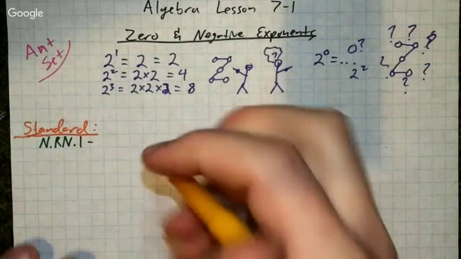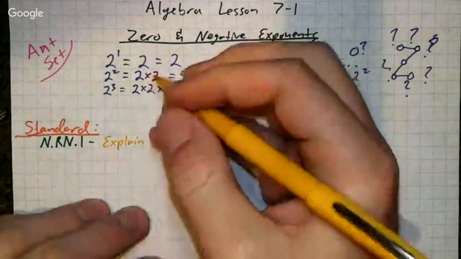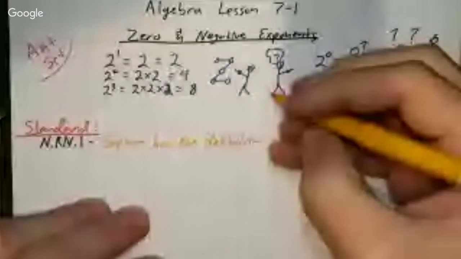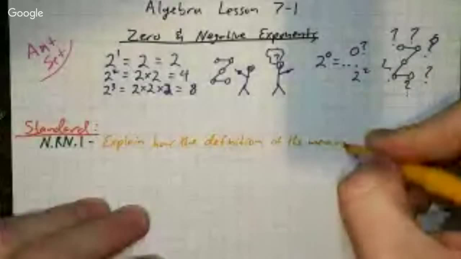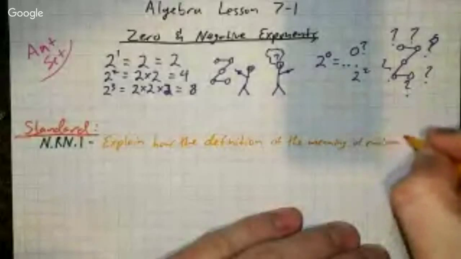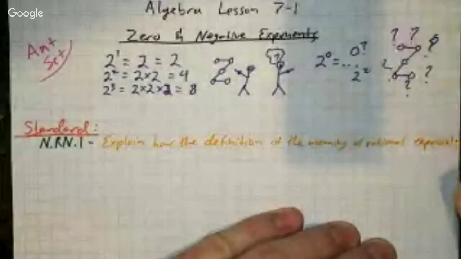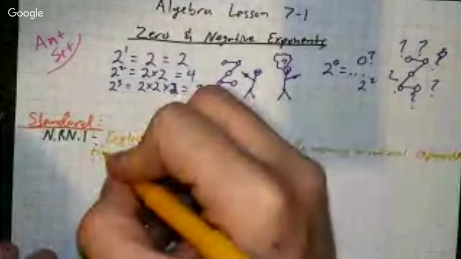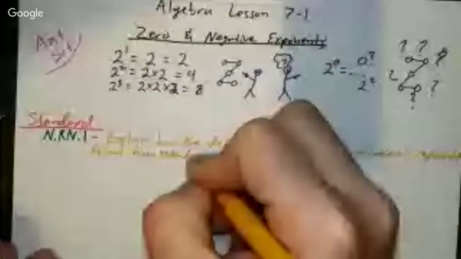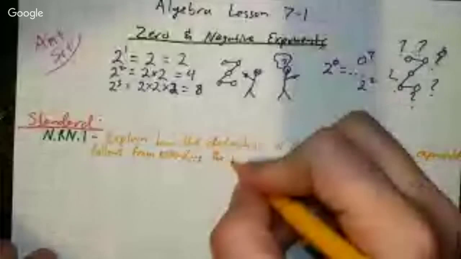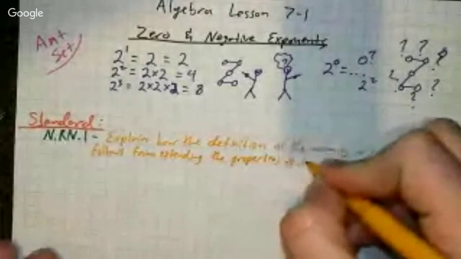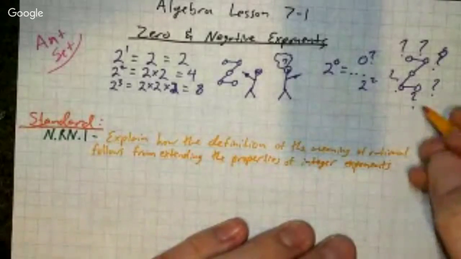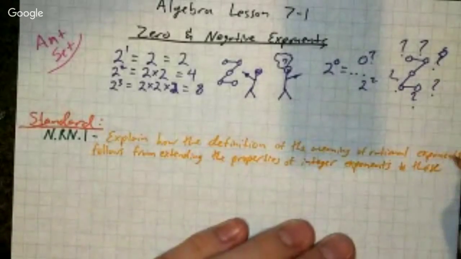And what this standard states is we are going to explain how the definition of rational exponents follows the properties of integer exponents to those values.